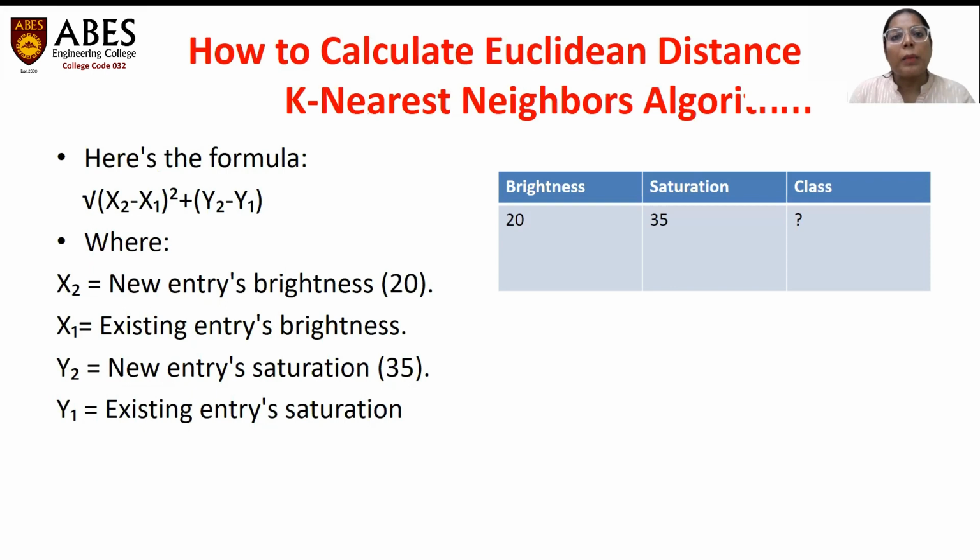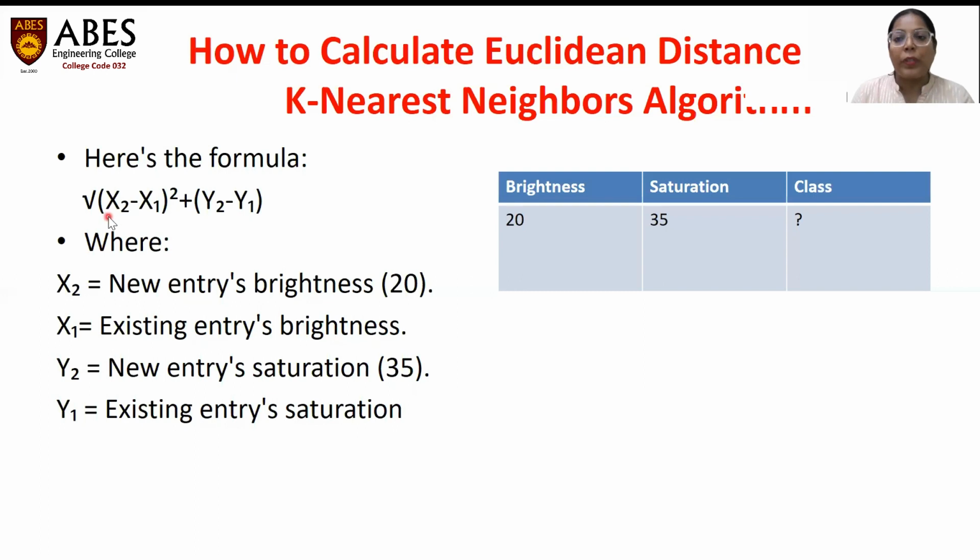The second step in the KNN algorithm is to calculate the distance between the given data point and the available data points. Please mark my words: the second step is to calculate the distance between the given data and the actual data set.